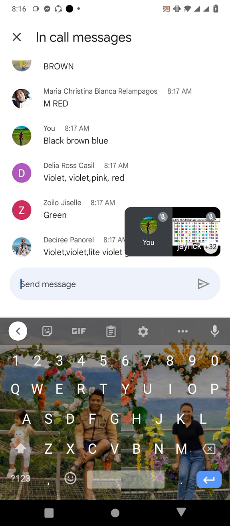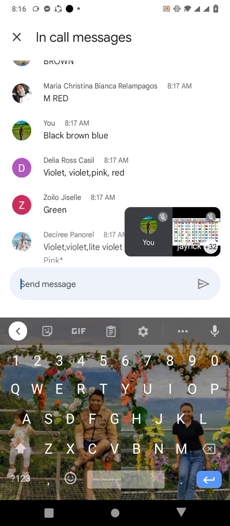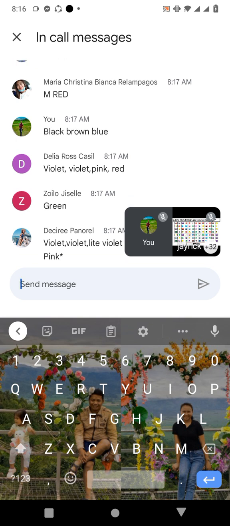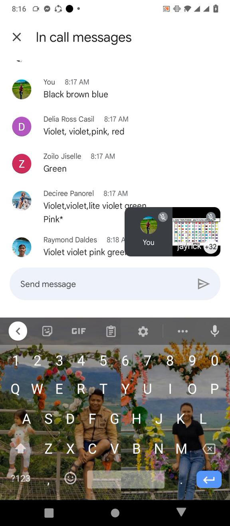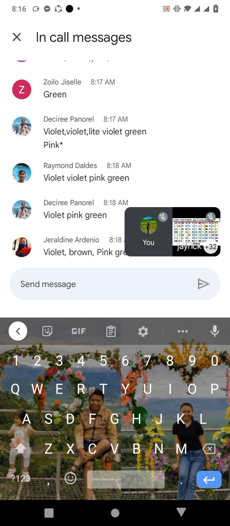According to Ma'am Delia Rose Castle, violet, pink, and red. Tama ba? Red? Okay. According to Ma'am Desiree Panoril, we have violet, green, violet.